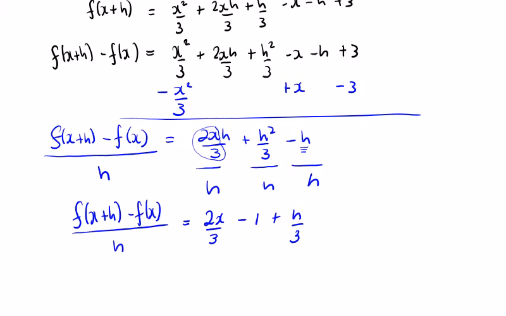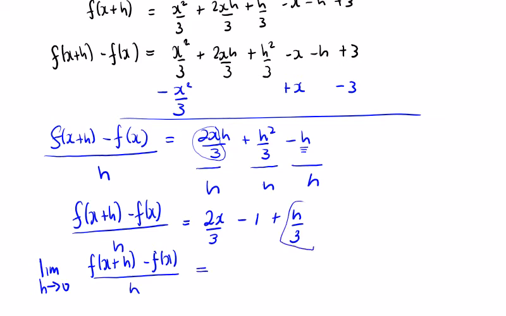So now all I need to do is get the limit as h tends to 0 of f of x plus h minus f of x over h, and that's equal to, as h tends to 0, 2x over 3 minus 1.